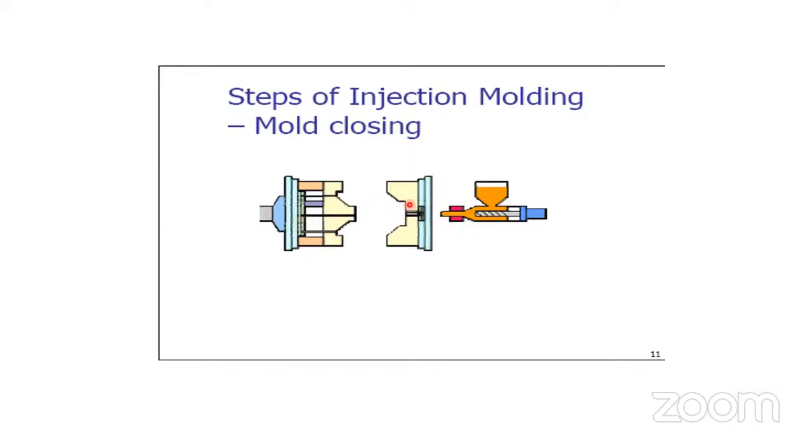If anybody asks you where you will fix the cavity, tell them that I will fix the cavity on the fixed platen, and the core on the movable platen. There are three platens. One is the front fixed platen. This is the movable platen. And the third one, I will show on the machine.